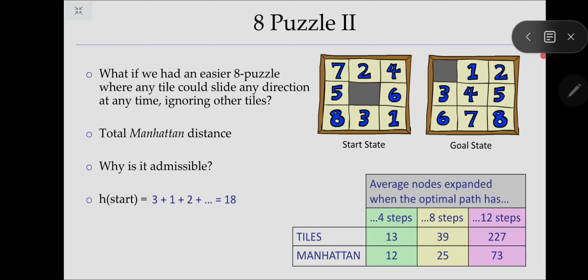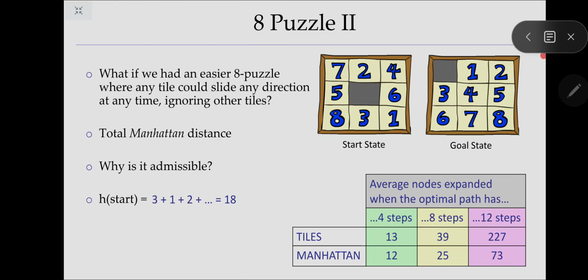As a summarization, in this lecture, we improved the quality of A star by using admissible heuristics. Admissible heuristics are optimistic estimations of the distance between any state and the goal state.